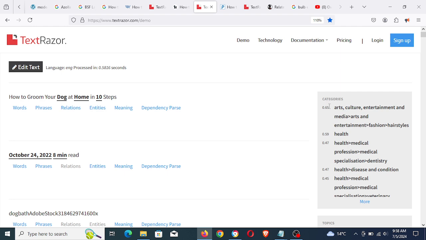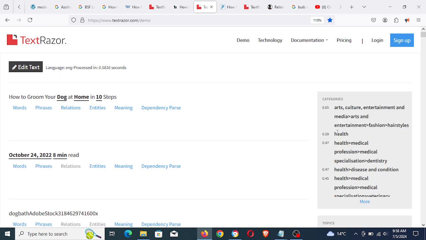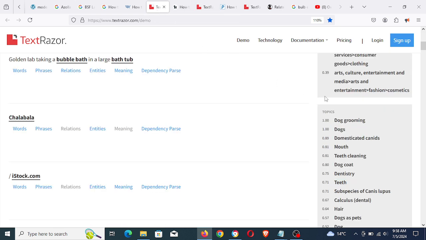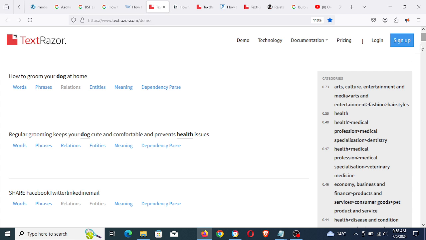So here you can see the categories that this article is associated with. Among the top is health, but there is art, culture, entertainment. But health is the most frequent, and that's about dog grooming. Even the first article, I haven't checked that, but I think it has to be.